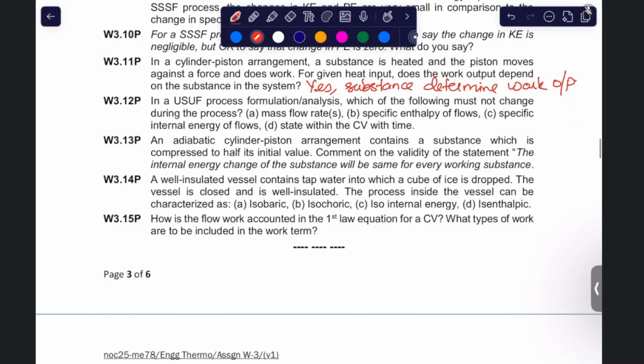And then there is the state within the control volume with time. That state definitely can change, because state is determined by properties that change with time in an unsteady process. So in unsteady uniform flow analysis, we can assume that at each instant the fluid entering or exiting has a uniform property, but that property can change from time to time.